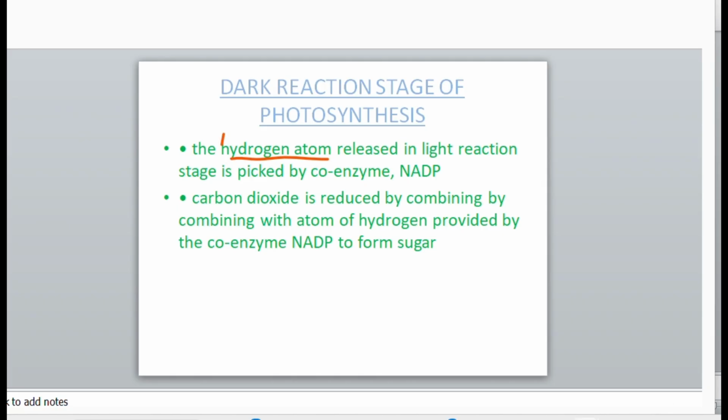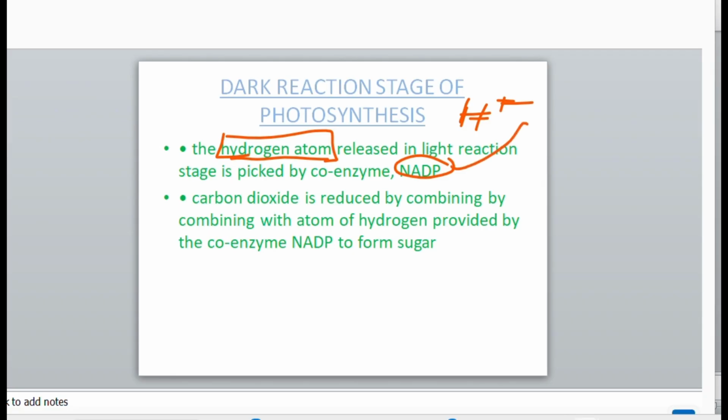You can remember that during photolysis of water, hydrogen ion was released. That hydrogen atom combined with NADP, which is nicotinamide adenine dinucleotide phosphate.